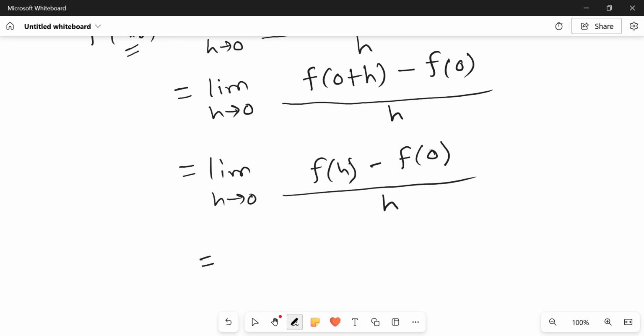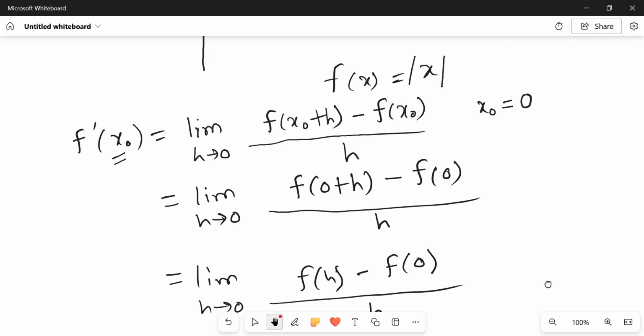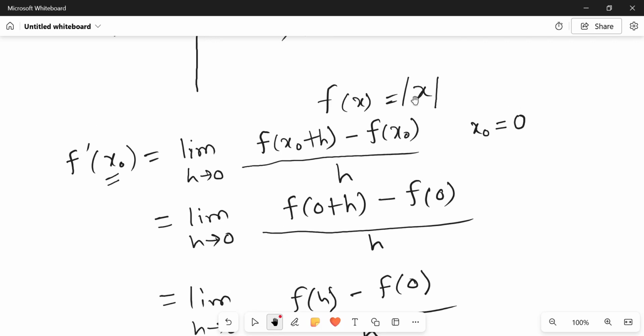This function f(h) is basically, since f of x was equal to absolute value of x, f(h) will be absolute value of h, and similarly f(0) will be absolute value of 0, that is 0.